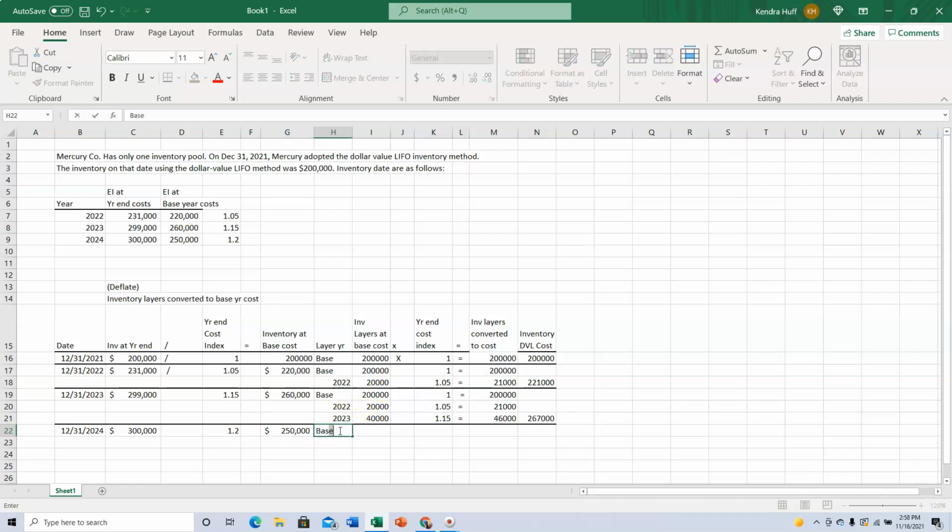My base is still going to be 200. 2022 will stay at 20. And my 2023 will go from 40, and I'll take 10 out, and it'll go to 30. My indices stay the same, and I add it up.